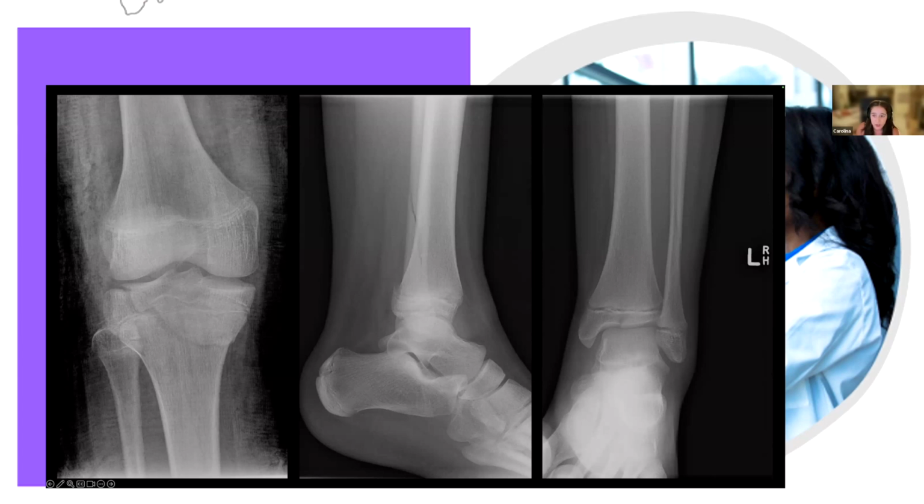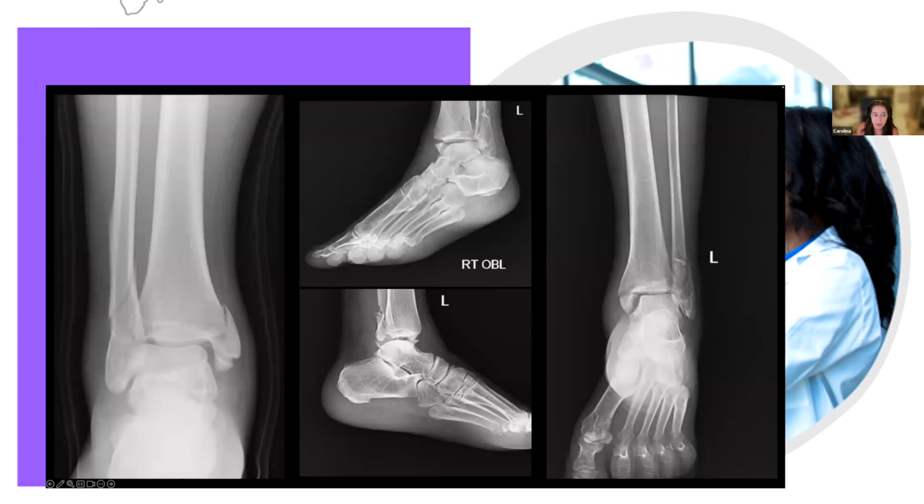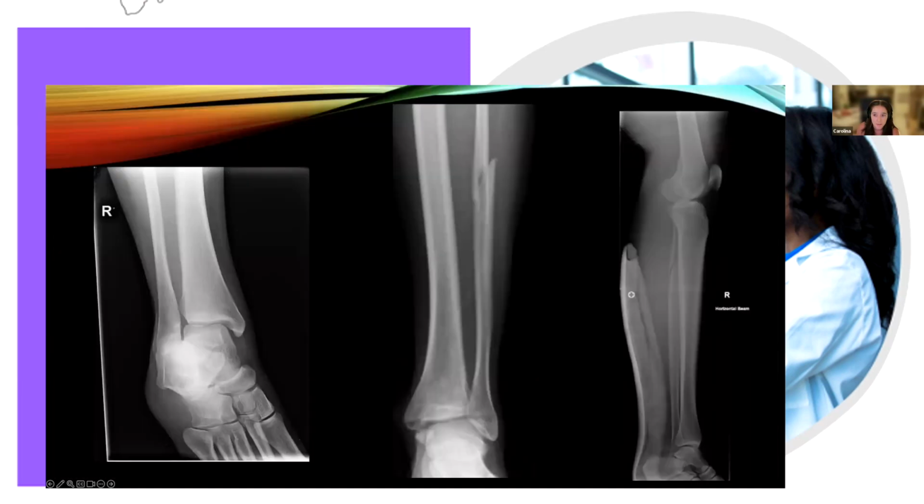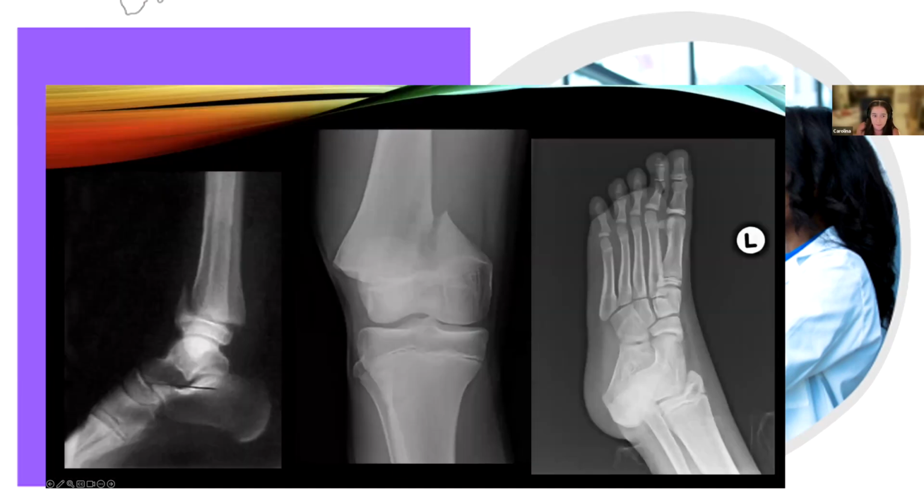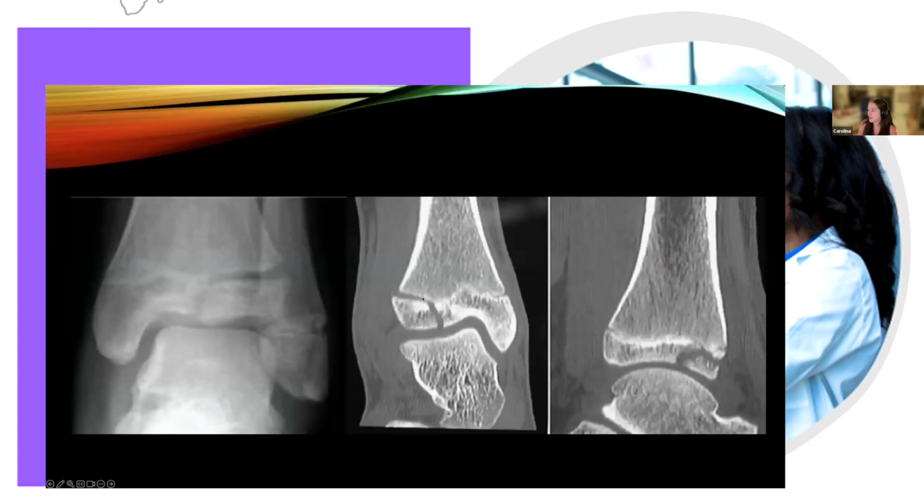And the Tillaux fracture is pretty much the same. There are variable amounts of displacement, and we don't have that metaphyseal aspect. So the Tillaux fracture is a Salter-Harris type 3.